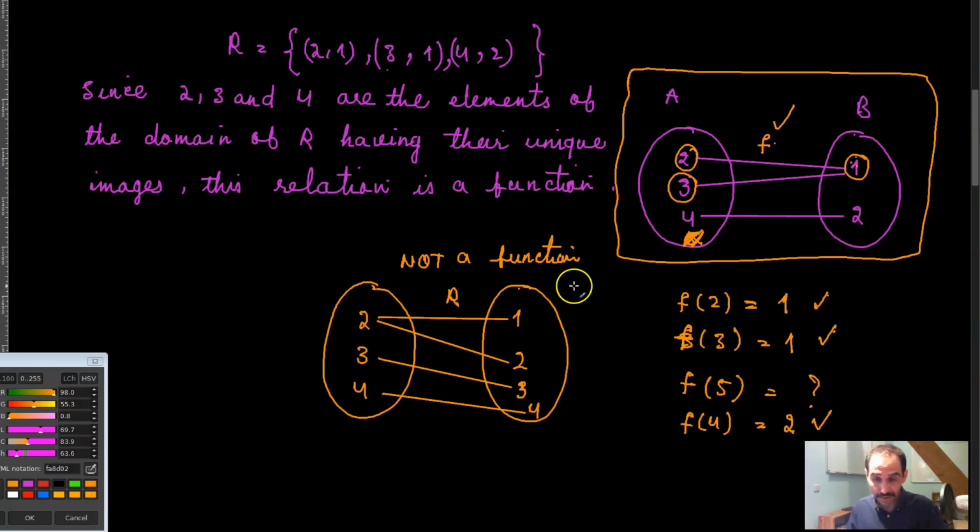But the problem over here is that if you were to decide what is the image of 2 under f, you just simply don't know, because you don't know whether to say 1 or 2.